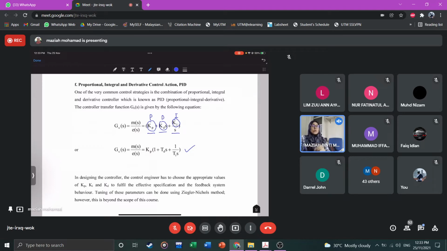Choosing the values is what we call tuning. Normally we say we need to tune the parameters for PID. That means you need to choose a suitable combination of P, I and D so that the system will behave as we want, as per our specification.